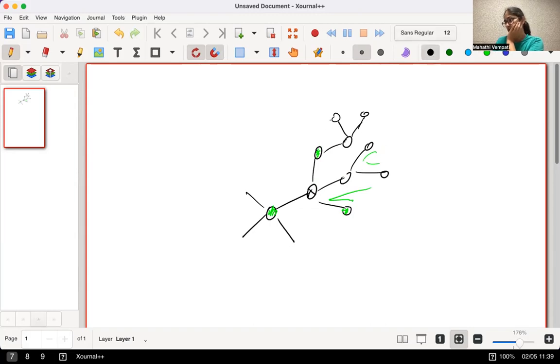If there was a cycle here, what do I do? You need to start here and you're allowed to hit this node, but you're not allowed to go back on any of these, right?